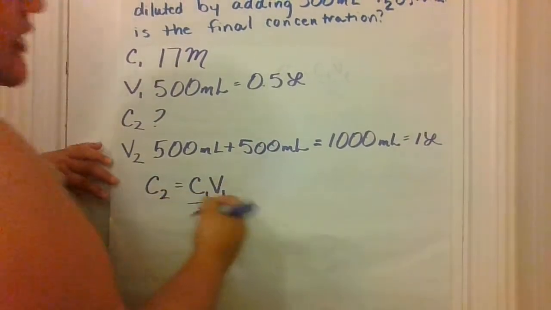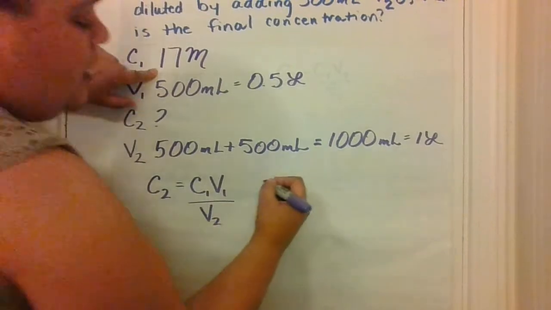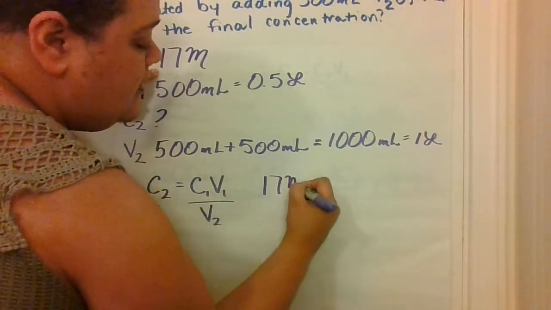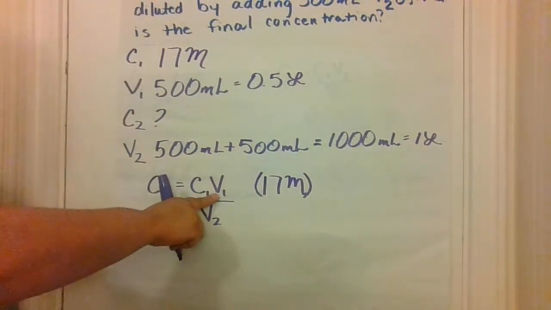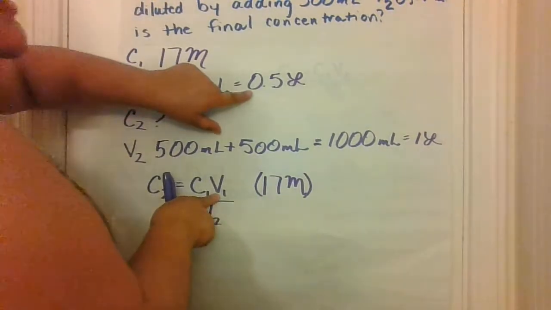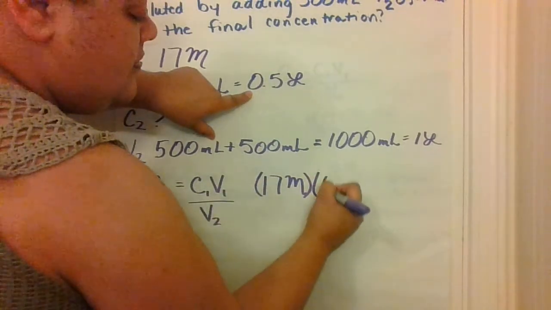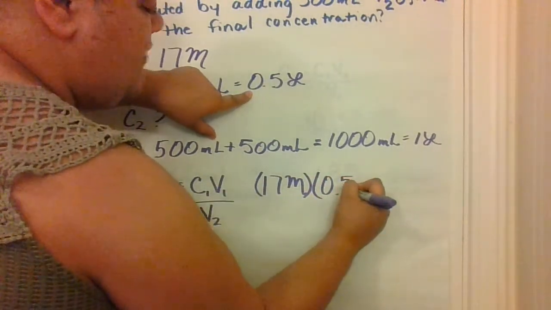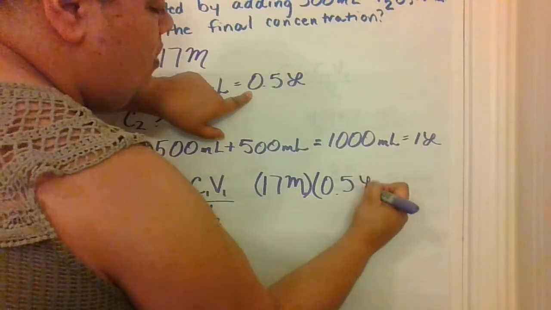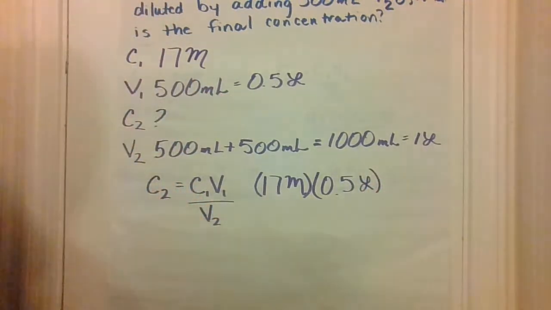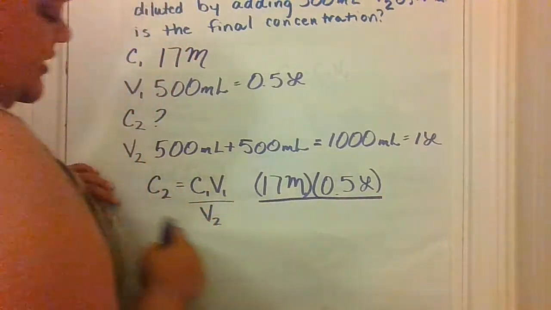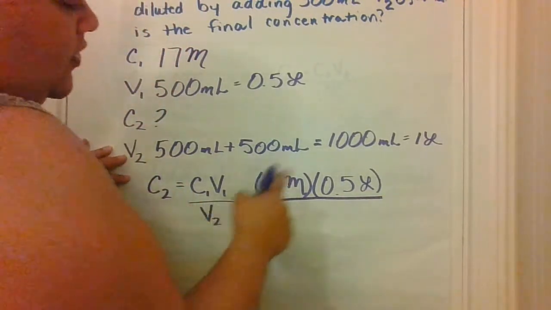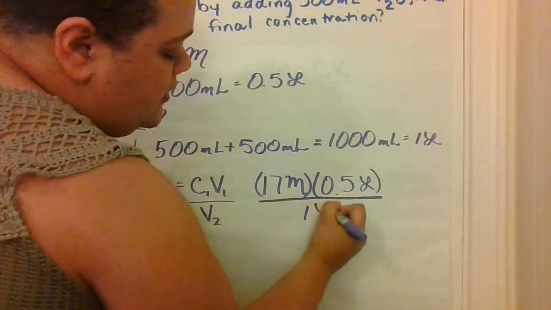Okay, so C1 from our notes is 17 M. We're going to multiply that by our initial volume, which is 0.5 liters. And for those that choose to use 500, that is fine, as long as all of our units for one particular variable match. Then we need to divide all of this by our V2 or final volume, which is 1 liter.